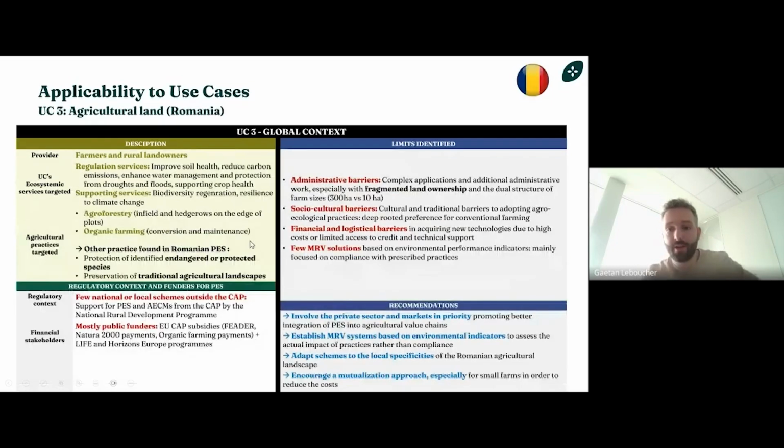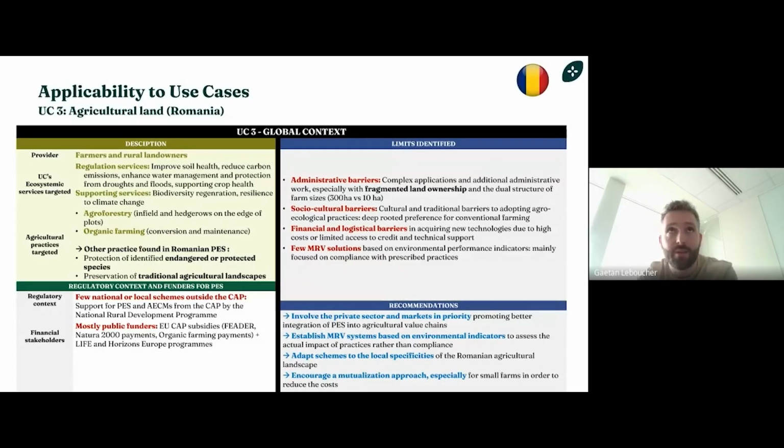On use case number 3, we noticed a few national or local schemes. Here the regulatory context relies mostly on the CAP, and as a result we have mostly or exclusively public funders, and we can see quite the same limits as the previous cases, such as administrative barriers, and social and cultural barriers also, in the adoption of the practices by the farmer.